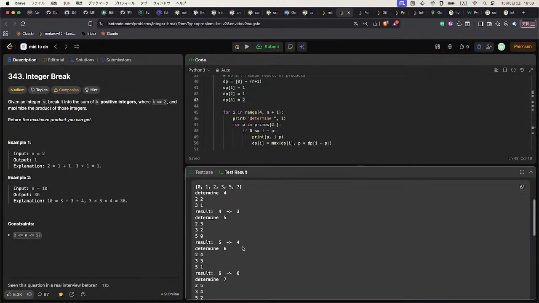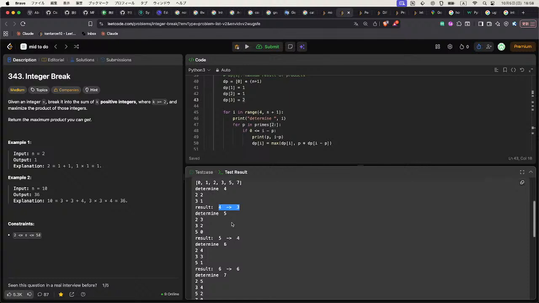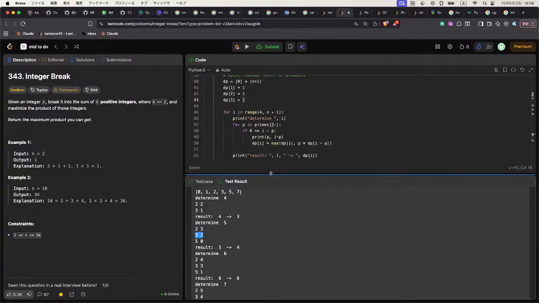Okay, so for 4, the maximum product is 3. This is correct. For 5, the maximum result is, yeah, must be 6.